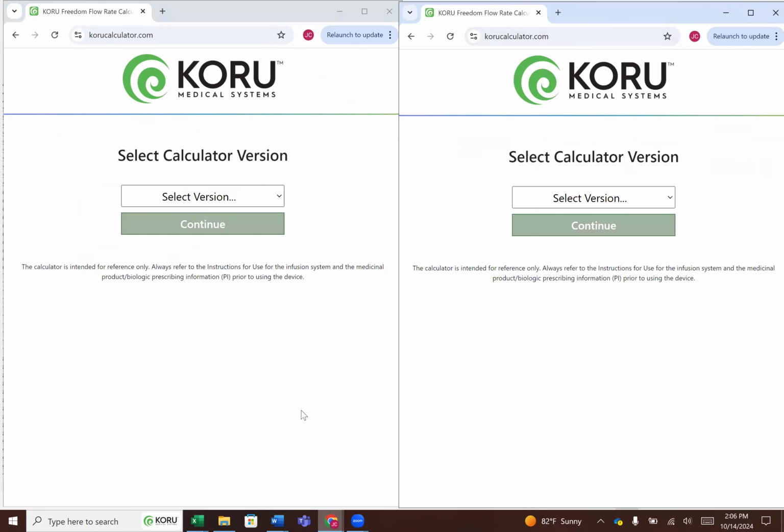On the first calculator, select Hizentra 50 ml prefilled syringe based on the selected needle and tubing combination.